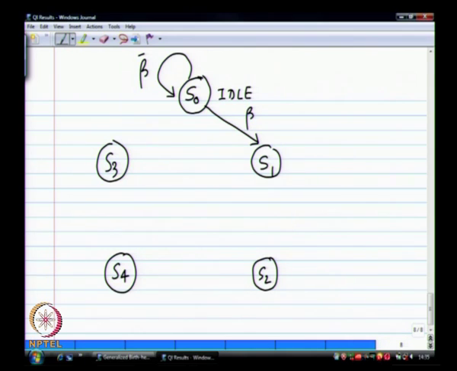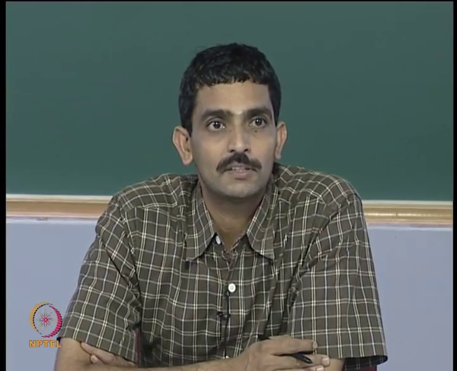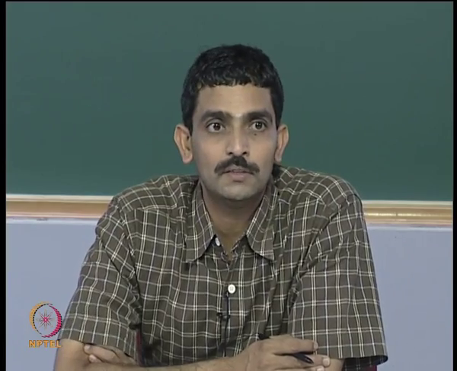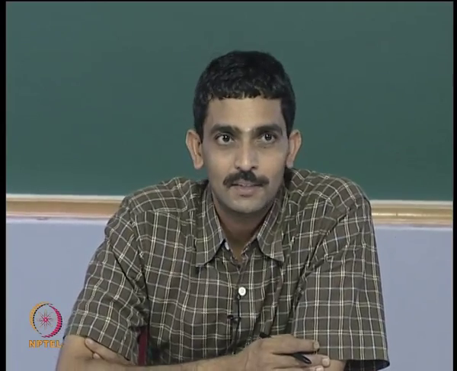So from S1 I have a packet to send, so at the beginning of a slot there is a packet to be sent. What will be the next possible states? What are the transitions and what are the state transition probabilities? From S1, if the packet is successful and no packet is generated, I go back to S0.